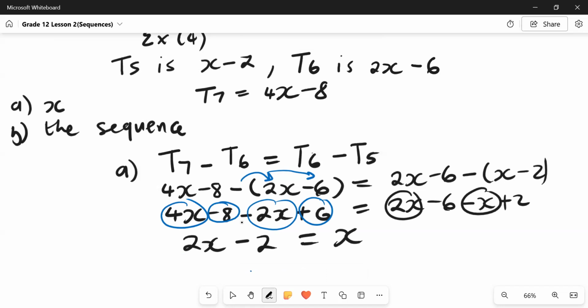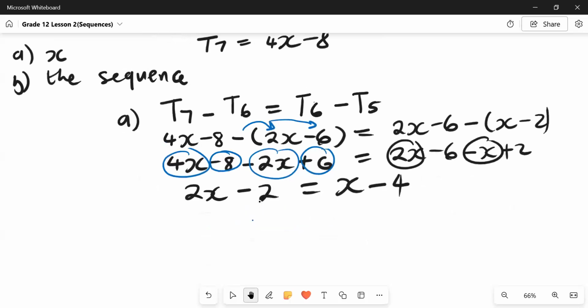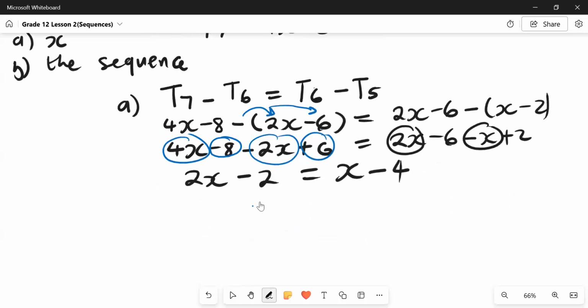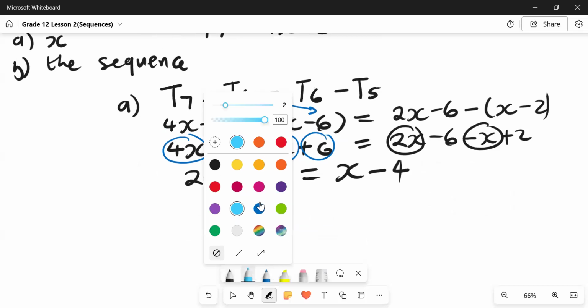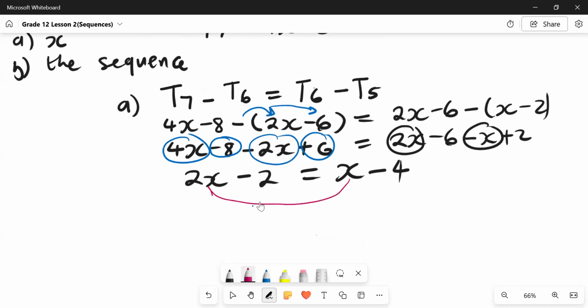Plus 6, minus 6 plus 2, that's minus 2. Sorry, that's minus 4. And then from here, let's transpose. You transpose x to the left-hand side, and then minus 2 to the right-hand side. And then here you get your x equals minus 2. And then this is your final answer, right?